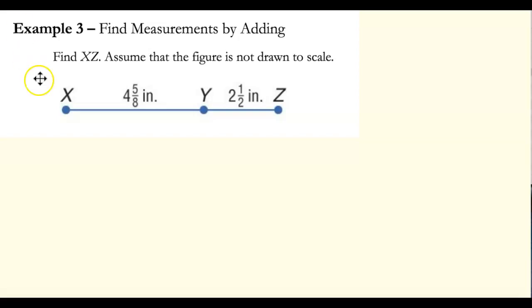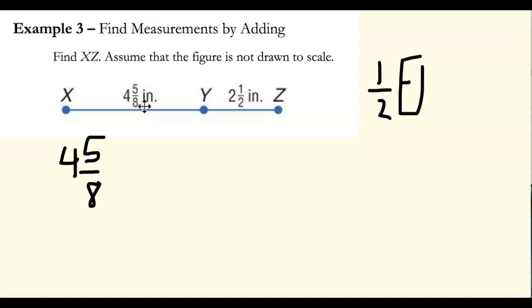So what they're asking us to do here is just to add like terms, or add with common denominators. So for this one, we need to get common denominators, so I'm going to start it, and this should just be a little bit of review of how we're going to get 1/2 into eighths.